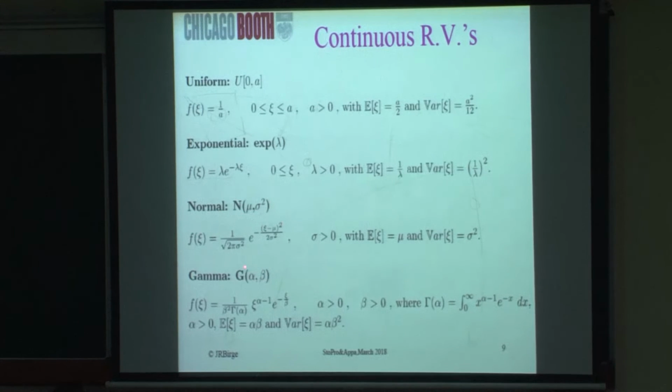Okay, and here's the Gaussian or the normal distribution with mean mu and variance sigma squared. I use gamma a couple times in the book, mainly because it gives you a different range of values.